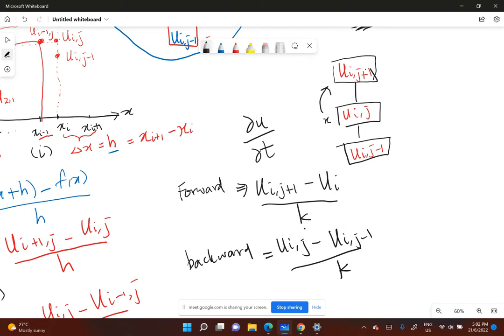Boleh. Okay, tapi dalam awak punya syllabus sekarang, explicit finite difference form, and then all the finite difference form untuk heat equation, wave equation and Laplace, kita biasanya guna secara forward. Yang forward saja, yang backward tu kita tak guna.